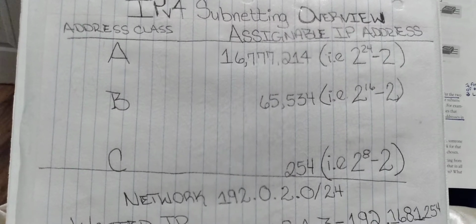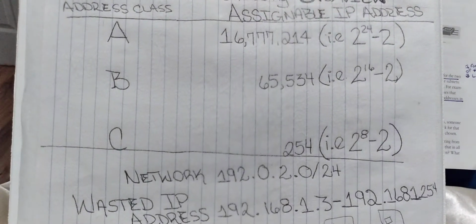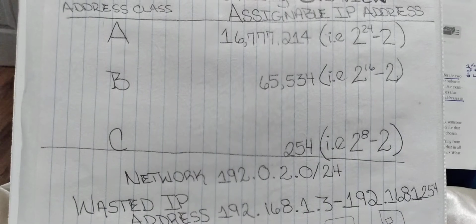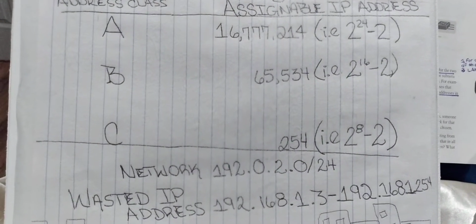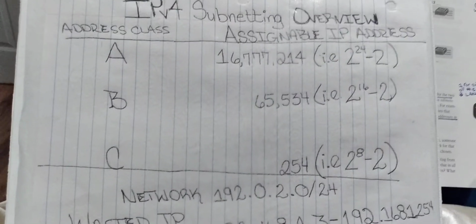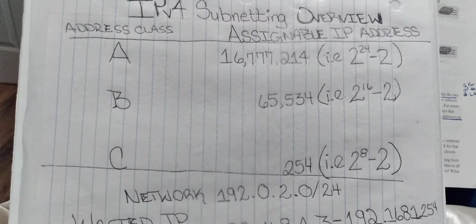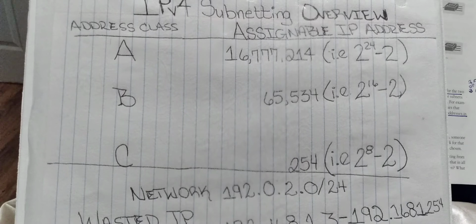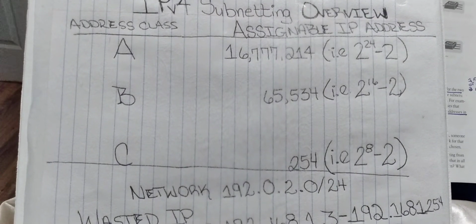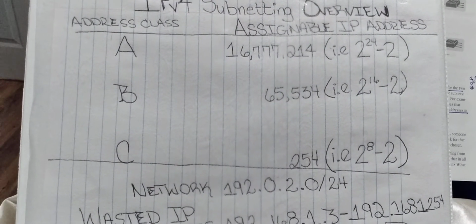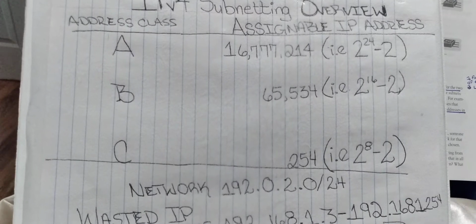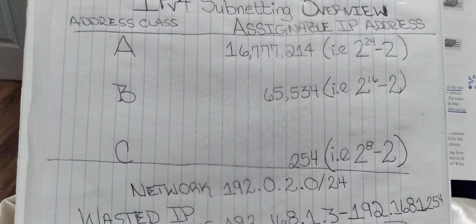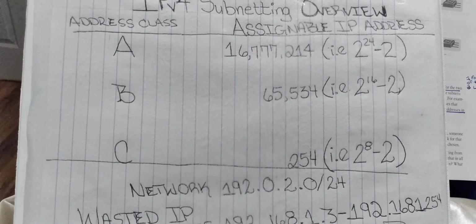That's the keyword: add bits to the subnet mask. We're going to add ones, making the number of ones higher. So instead of having a /16 subnet mask, maybe we will have a /24 subnet mask.